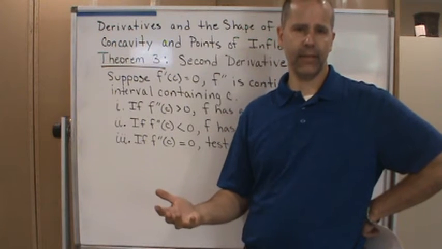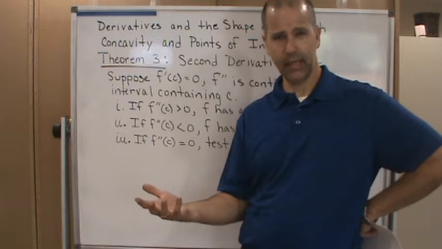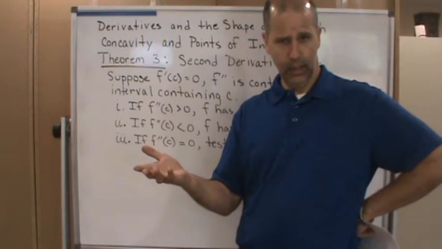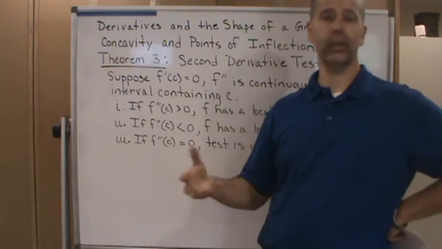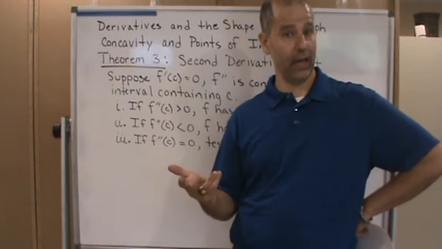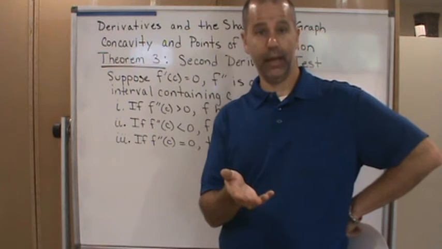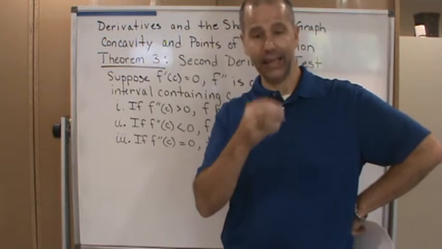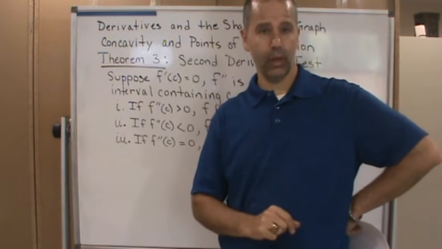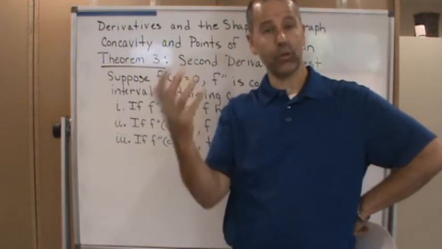Well, now that we've got this idea of concavity and we can test over intervals whether the function is concave up or concave down, now we can use concavity to help us determine whether a point in an interval represents a max or a minimum by looking at the second derivative.